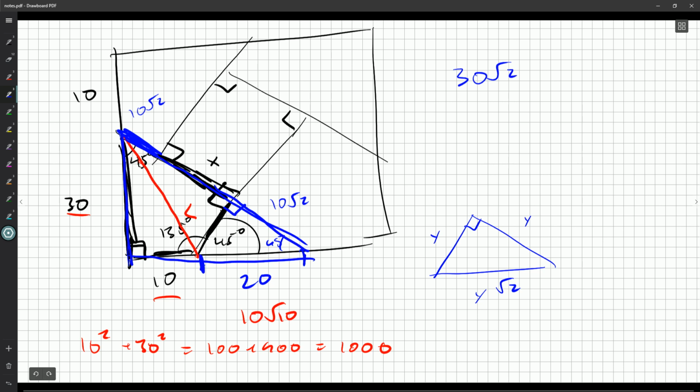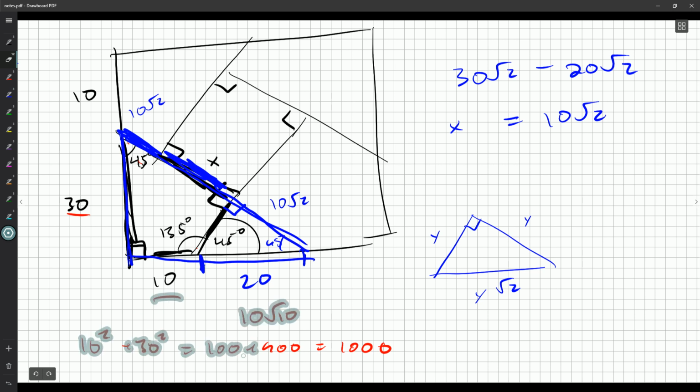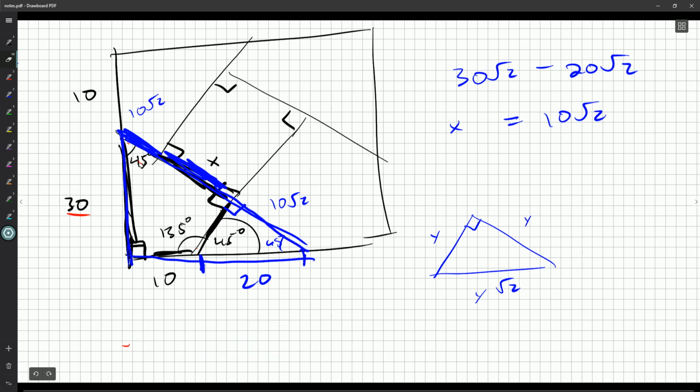So 30 root 2 minus 2 copies of 10 root 2, x in here should be 10 root 2 as well. There we go. So I didn't need this red line at all. I was just a little stuck, didn't see the right thing to do. So we just extend those things that are parallel to the diagonal.